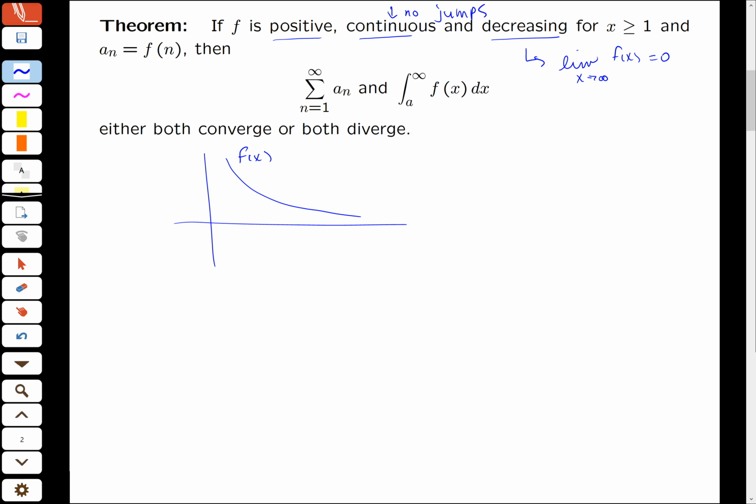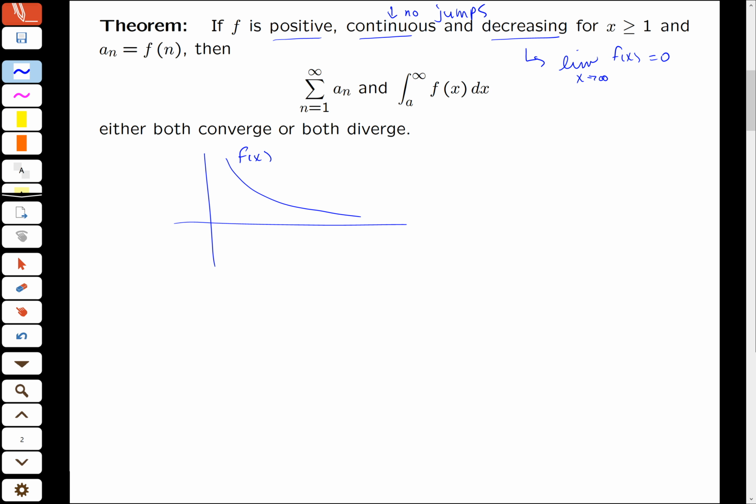Decreasing doesn't necessarily have to mean the limit is going to 0, but it has to be decreasing down. If it's an increasing function, then you're going to have an infinite integral, and there's nothing to even start with. So this is what you have to have in order to hope that your integral is going to converge. If your integral converges, then your summation converges, because remember, integrals and summations are essentially the same thing.